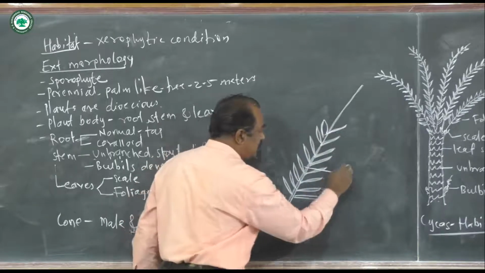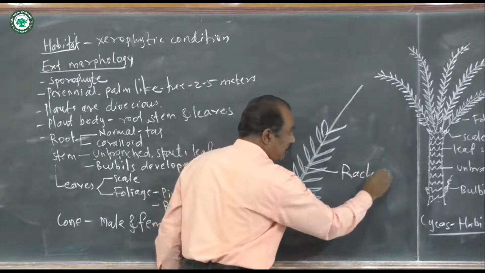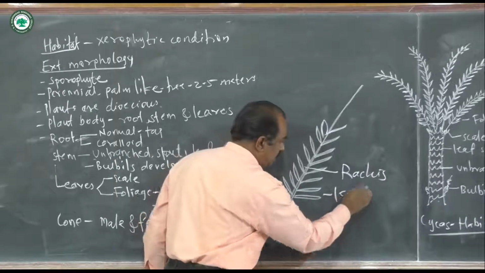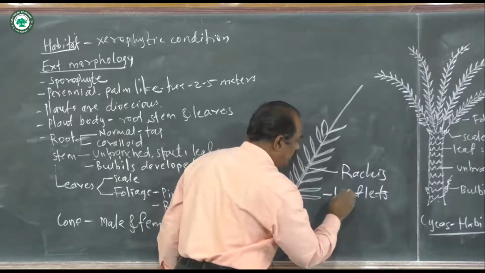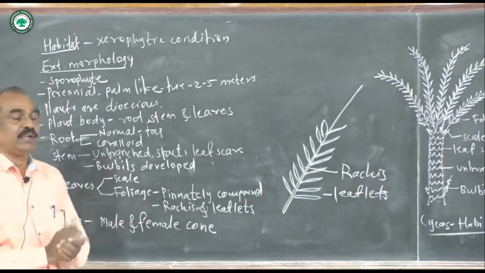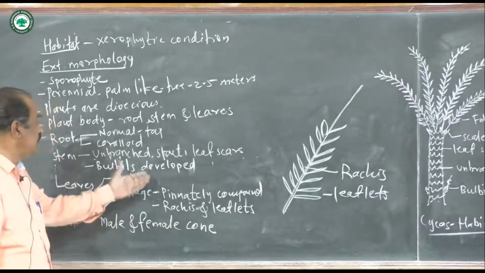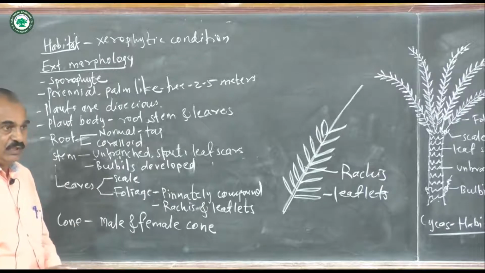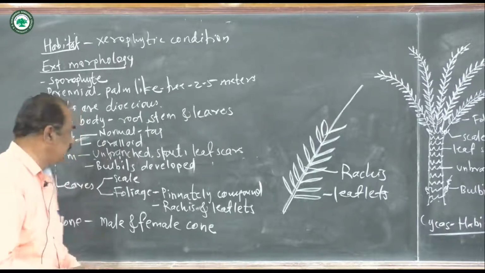So this is the rachis, and these are the leaflets, or they are also called the pinnae. So this is the structure of the leaf. That means in Cycas there are two different types of leaves. That is, small leaves are called the scale leaves, and large leaves are called the foliage leaves.